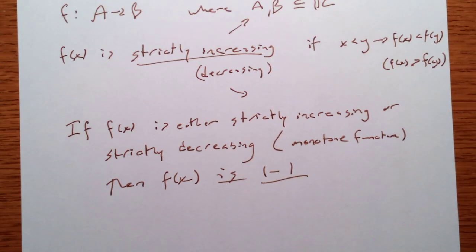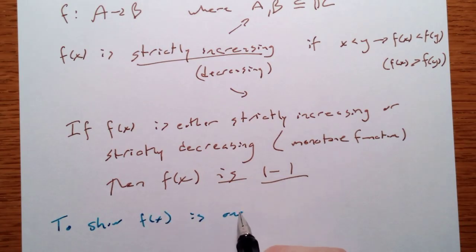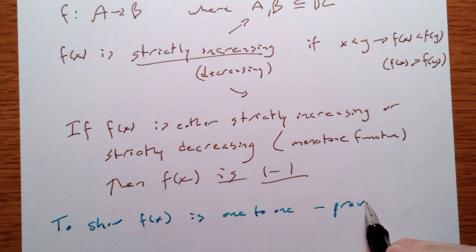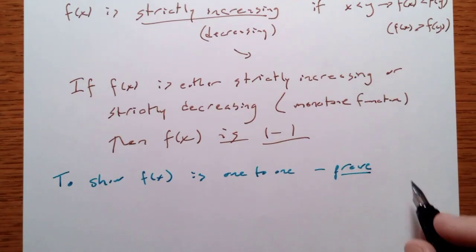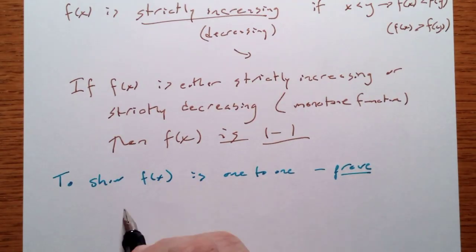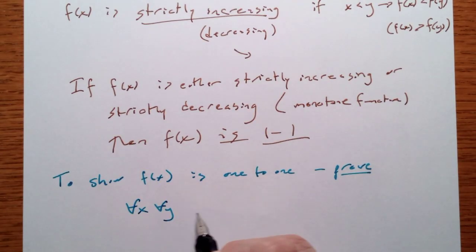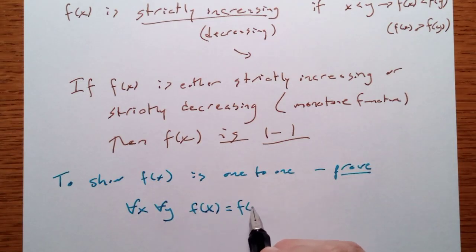if I want to show a function is one-to-one, I have to do a proof. I have to prove for all x, for all y, if you have the same output, you came from the same input.